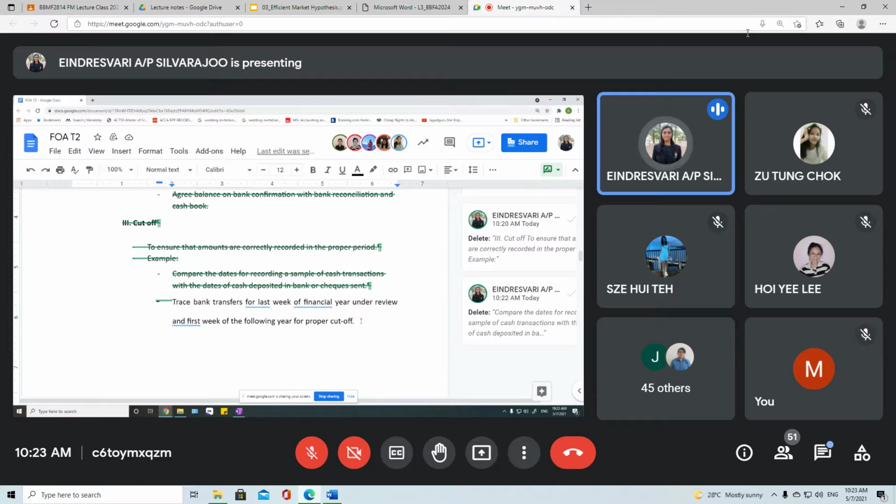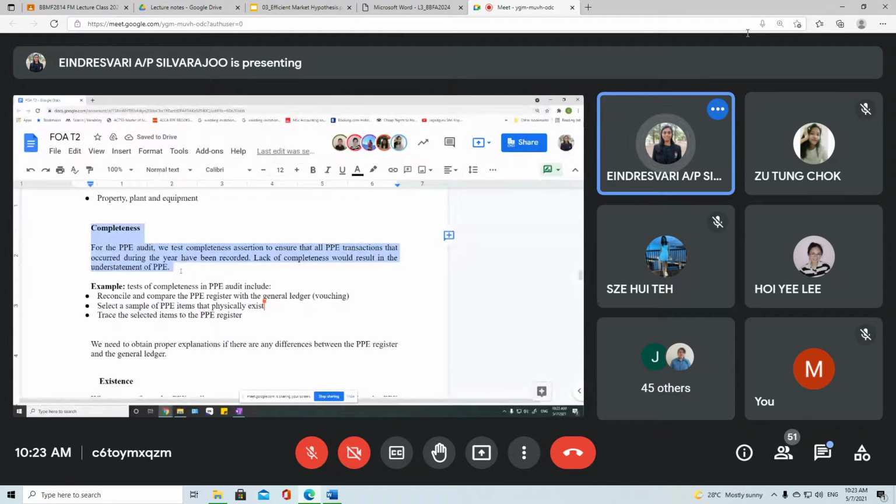So what is your source document? What is your accounting records? Source document receipt. I don't see any source document here. Where is your accounting records? There is none here.